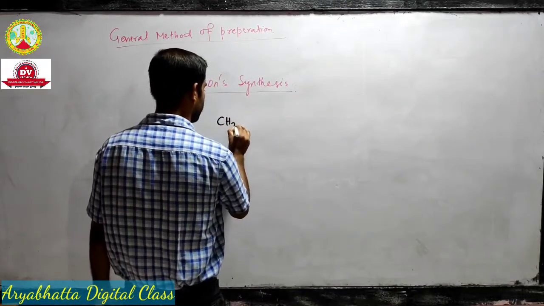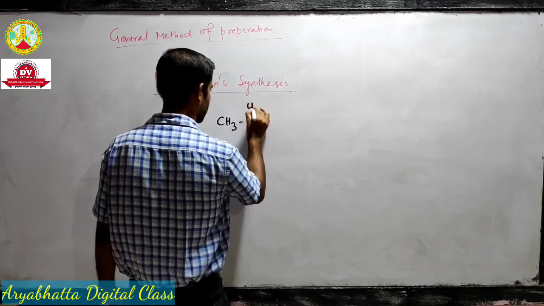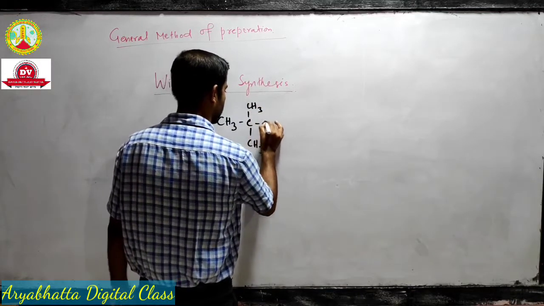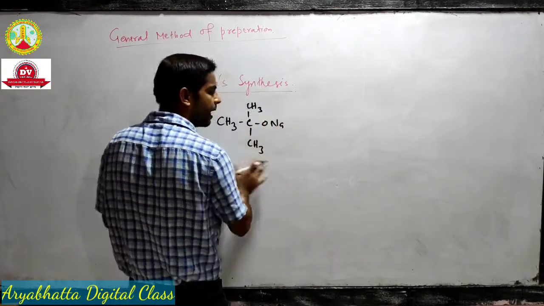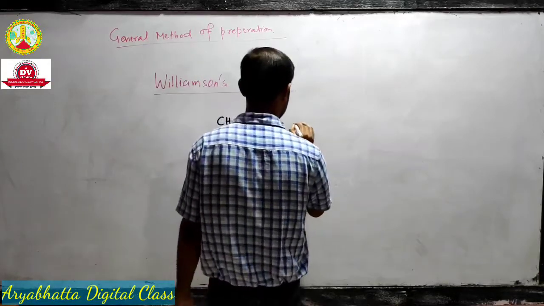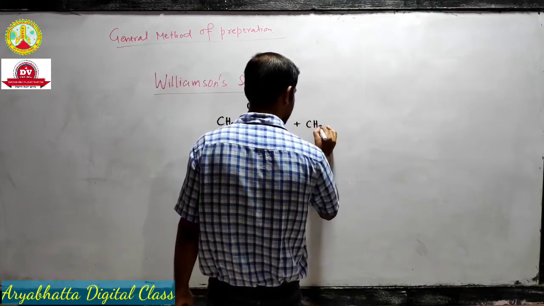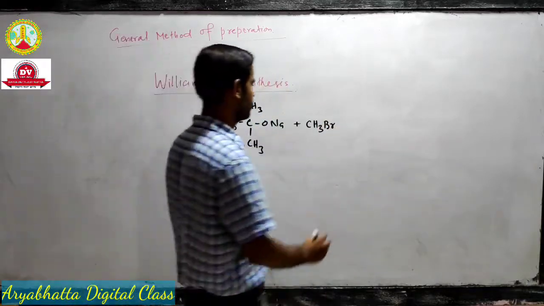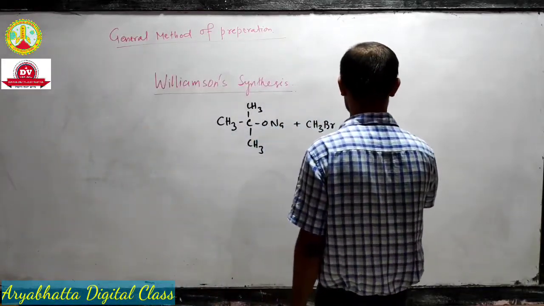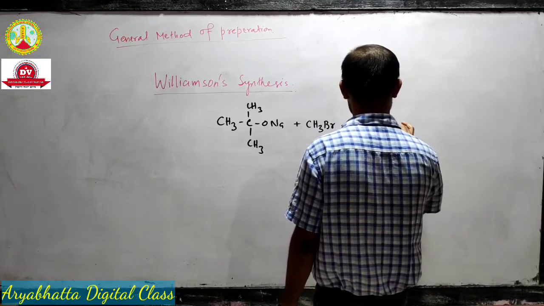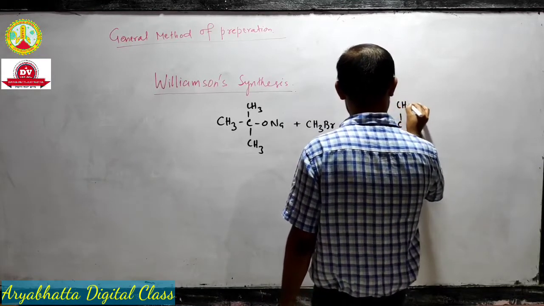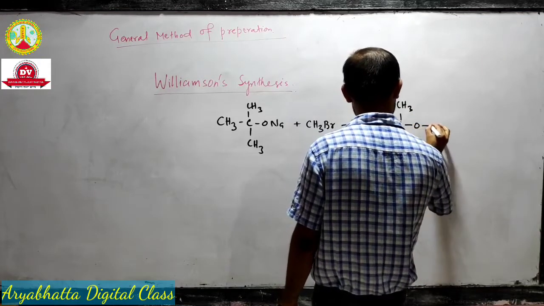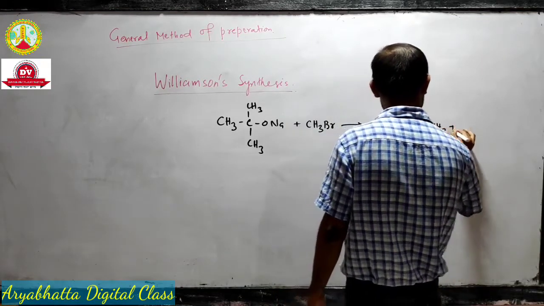In the first case, we will take a 3 degree alkoxide ion and a 1 degree alkyl halide. So what will we get?